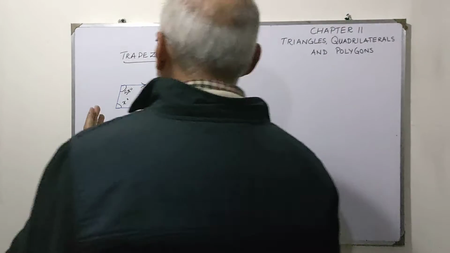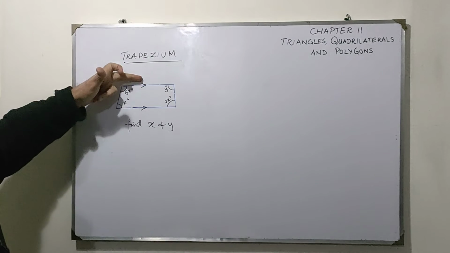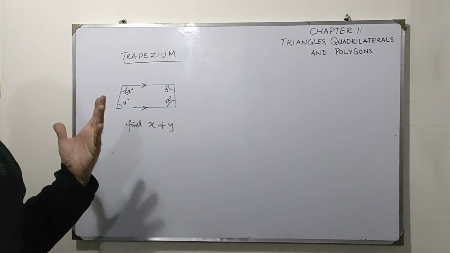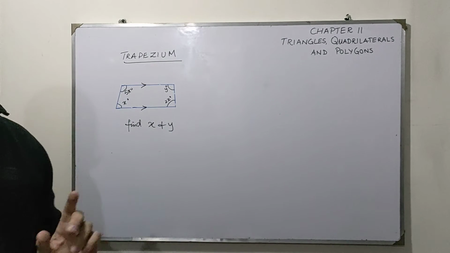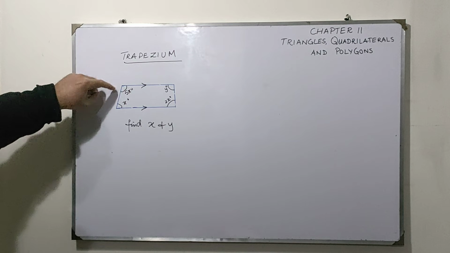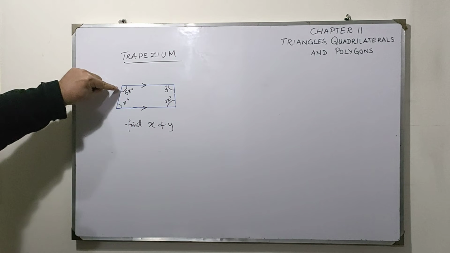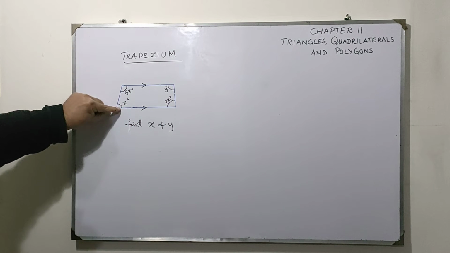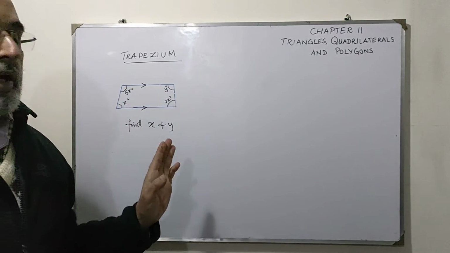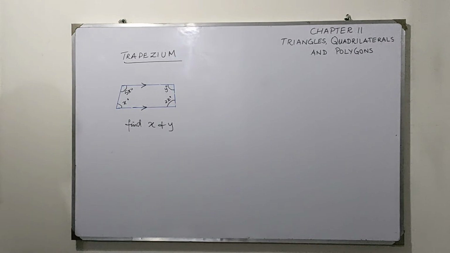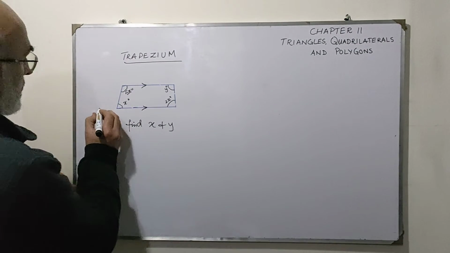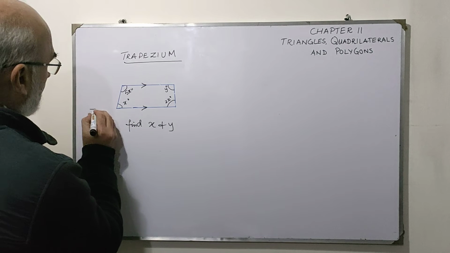Okay, we have a trapezium here with two parallel sides. A trapezium is supposed to have one pair of parallel sides, so we have that. Okay, and all the four corners have some angles: 5x, x, 2x and y. What we have to do is find the value of x and y. Now to do that, if we remember, when we were dealing with the parallel lines, I'm going to extend this line.